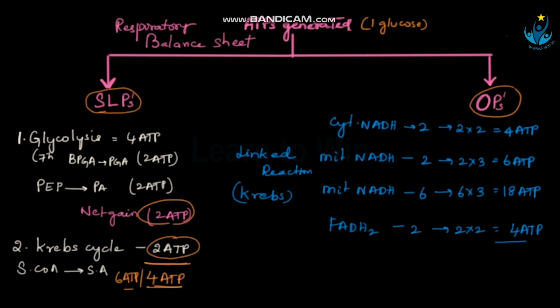So when I do a combined total, 6 plus 4 is 10, 28 plus 4, 32 ATP. So 32 ATPs are given to aerobic respiration by oxidative phosphorylation of NADH and FADH2, whereas 4 or 6, depending on net or gross gain, are coming from substrate level phosphorylation.